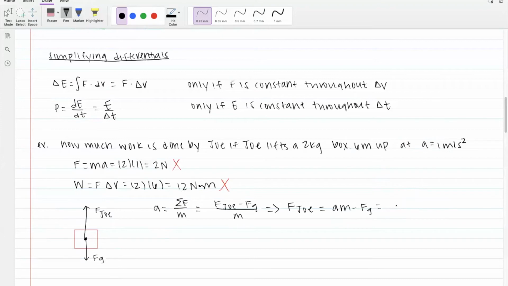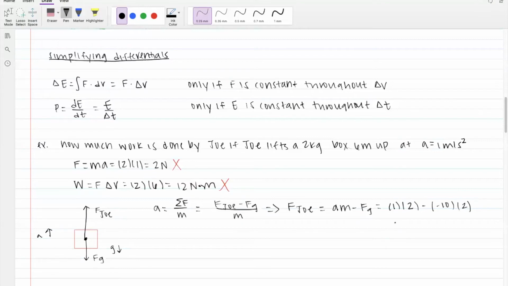We have an acceleration of 1, and it's going up, and a mass of 2, minus our F of G, which is gravity, which is going down, so we're going to assign this a negative value, times its mass, which is also 2.